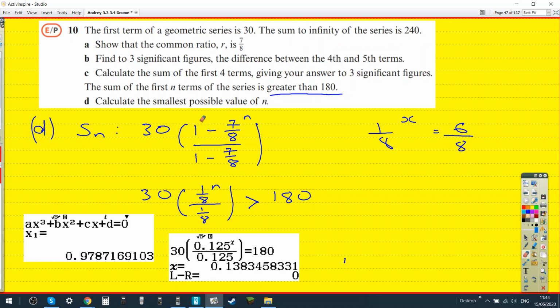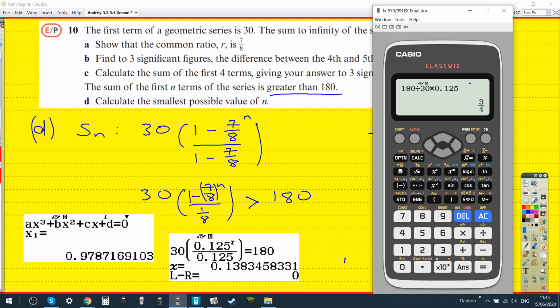The problem is this one on the top, 1 minus 7 over 8 to the power of n. We can simplify the denominator down to 1 over 8, but the top can't. So just put in the top as 1 minus 7 over 8 to the power of n, or x.